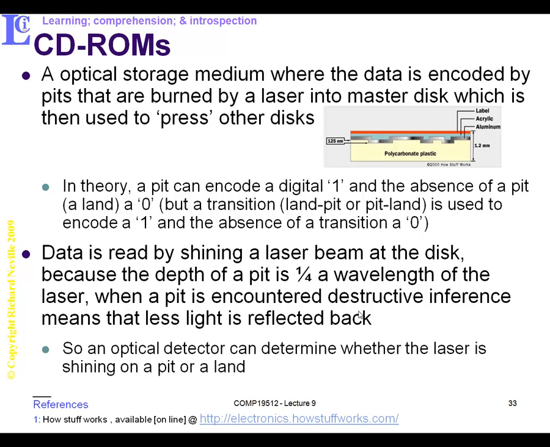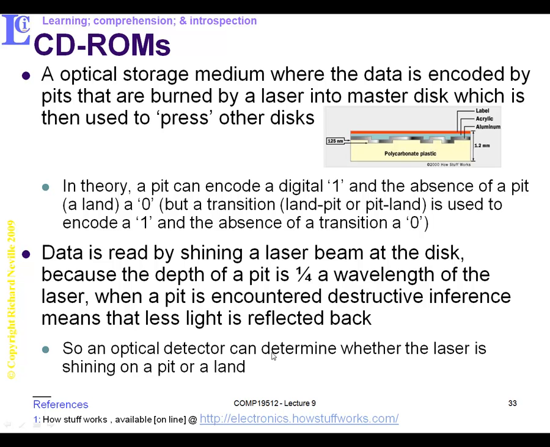When we encounter a pit, the light reflected back to the laser receiver will be destructive. So the laser can tell if it's on a pit or on land just by what happens to the return light. So these optical detectors can shine and scan the disk and tell if it's a 1 or a 0, a pit or a land.